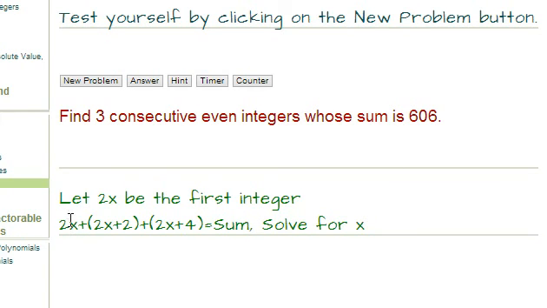So let 2x be the first even integer. And then the next even integer, we just add 2 to it. And then the next one after that, we would add 4 to it, coming from this position here. Let's write this out and work it out so you can see it.